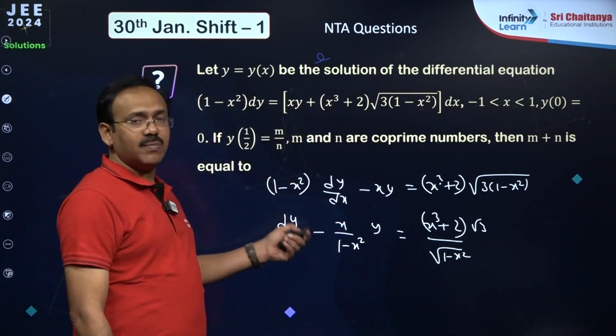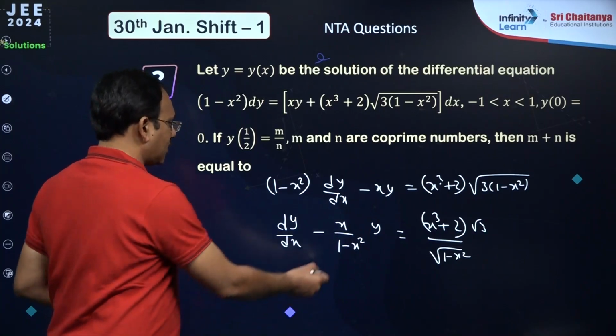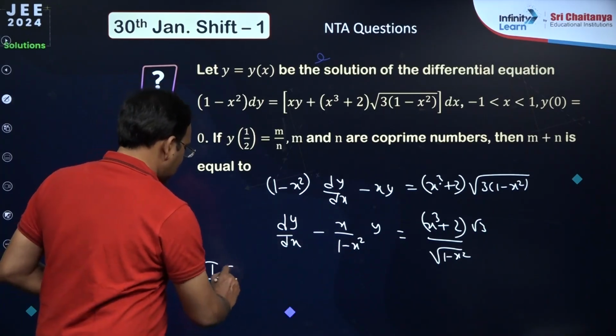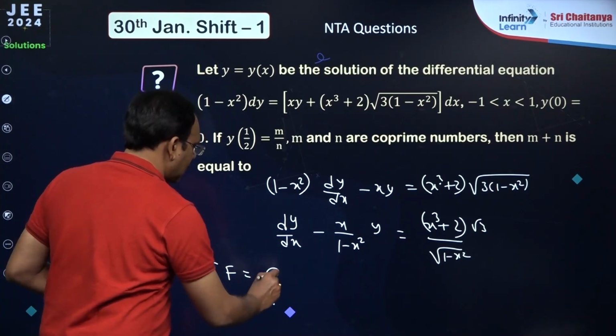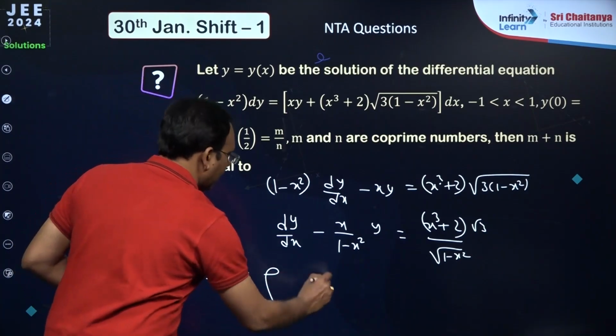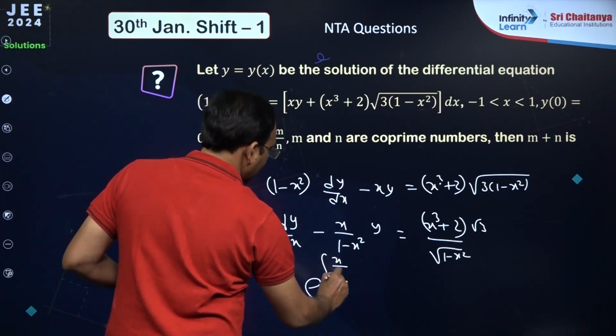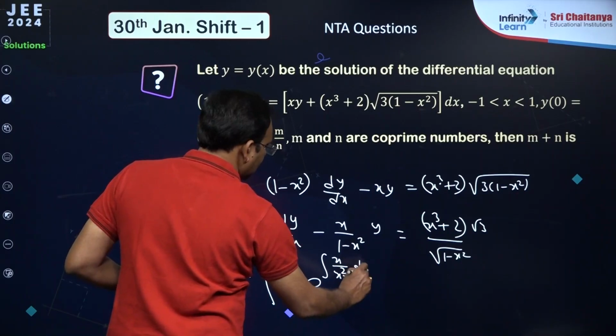dy/dx plus P(x) into y equals Q(x). So find the integrating factor. The integrating factor is e to the power integral P dx. P is x/(x² minus 1) dx.